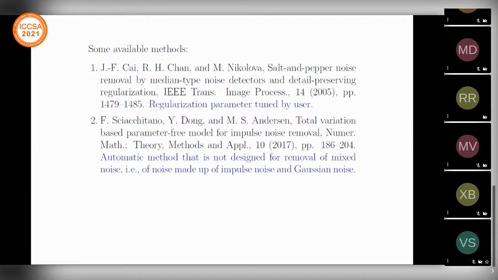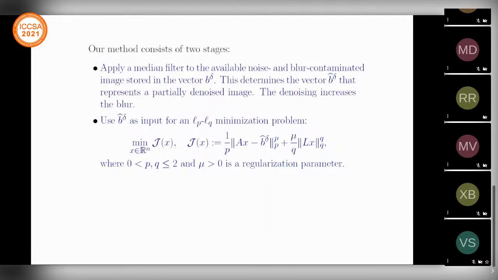More recently, there is this paper by Sciacchitano and company, and it is a fully automatic method, but it doesn't allow mixed noise, that is noise that is a combination of impulse noise and Gaussian noise. Next, please.